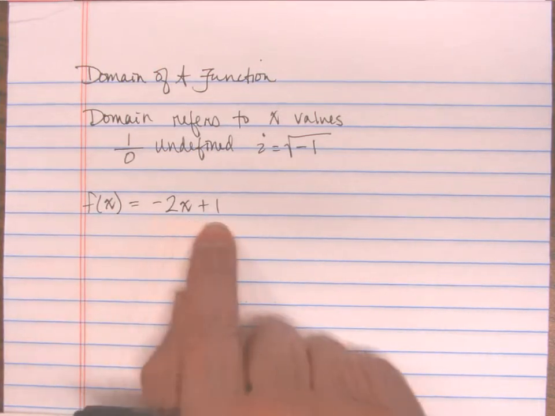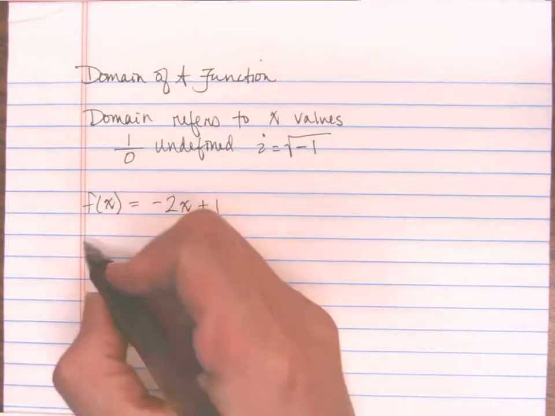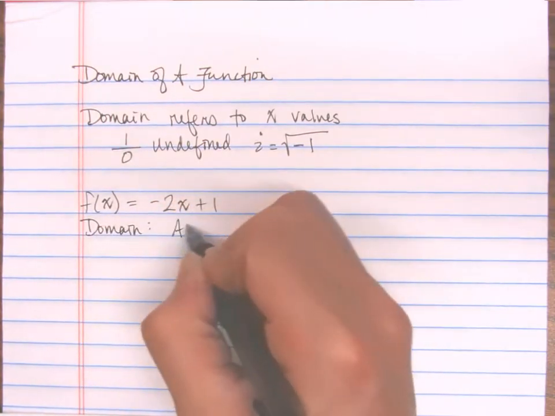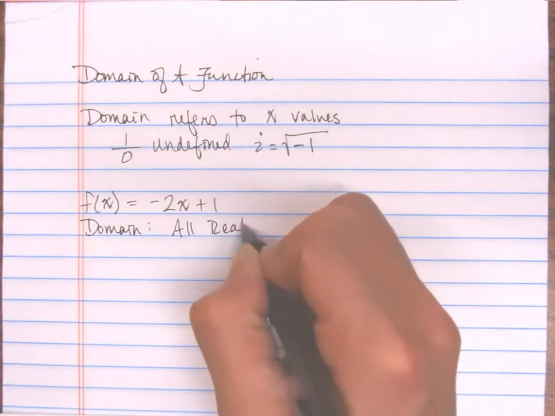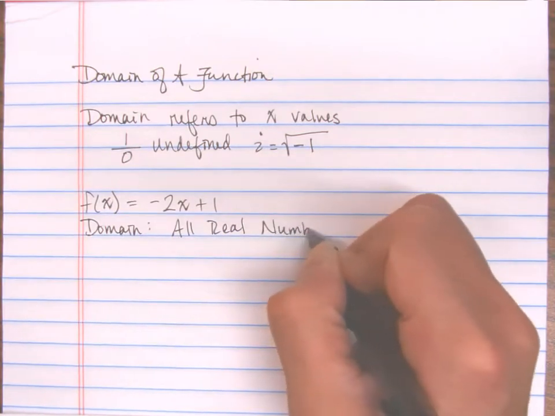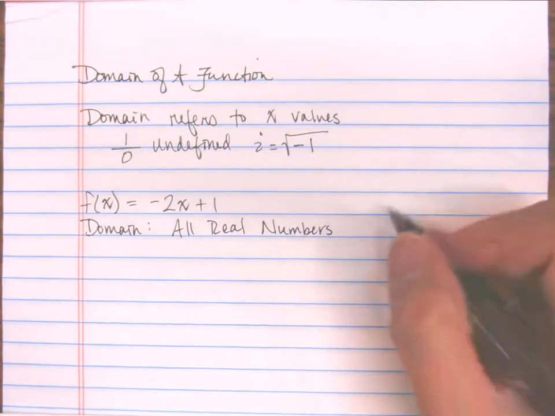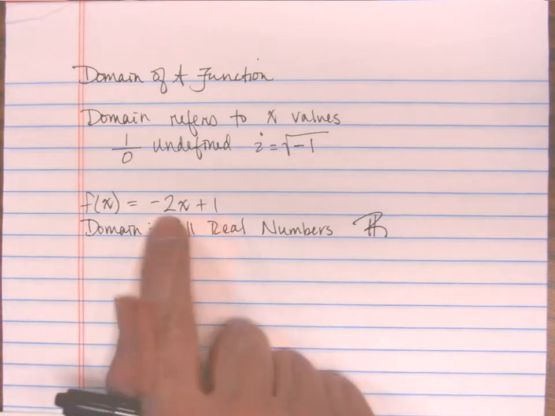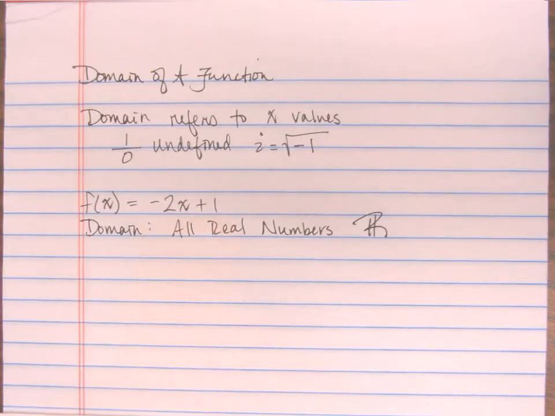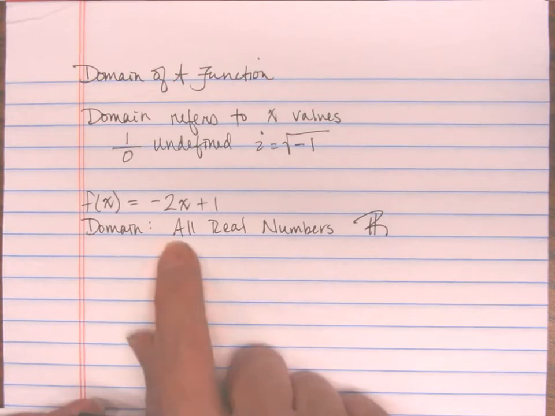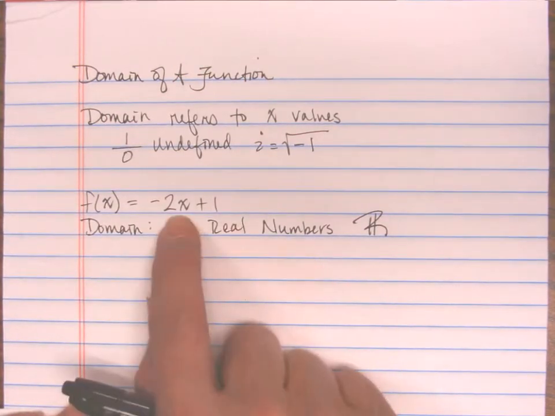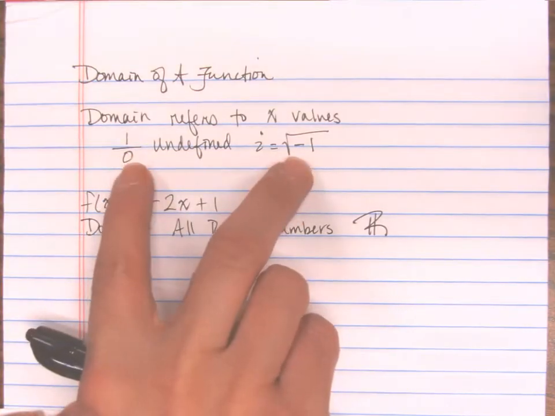You're always going to get a valid answer here. So here we say our domain is all real numbers. Another way you might see that is the double R. So for something polynomial like this, we're pretty safe to assume that they're all real numbers, because there's nothing you could put in here that's going to result in one of these two situations.